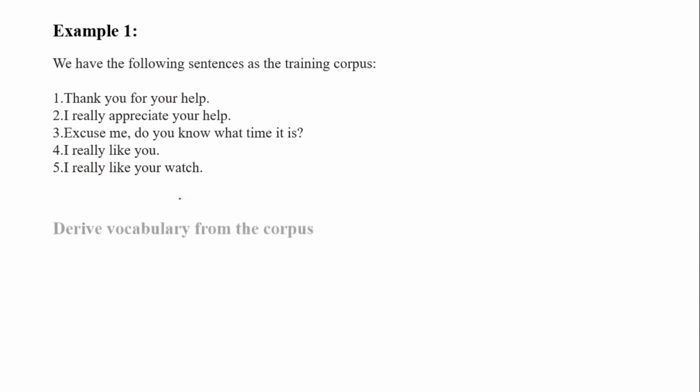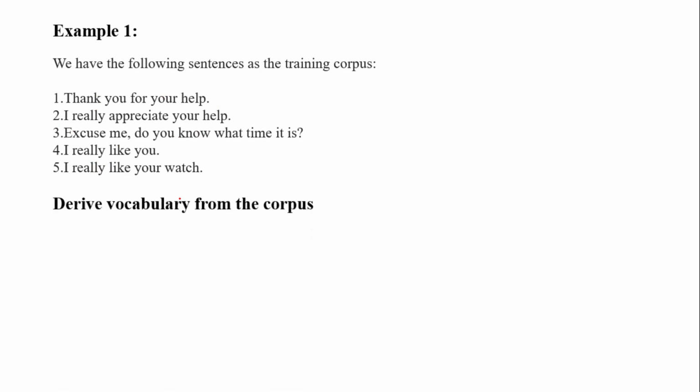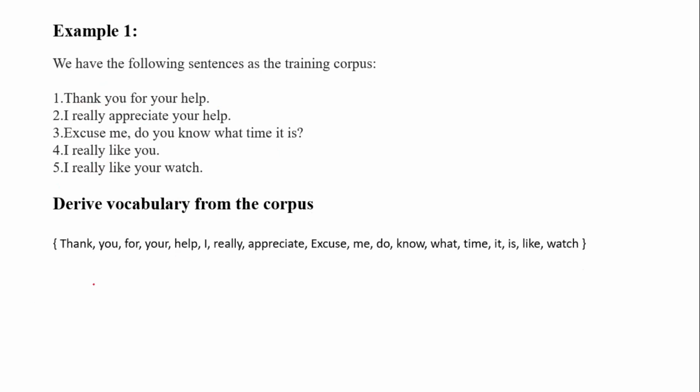The first step is you need to build a vocabulary, or derive the vocabulary, from this corpus. The vocabulary contains the individual words in the sentences. This is how you can derive it. Thank you for your help. You write them as individual words, and you need to write only a single occurrence of a word.